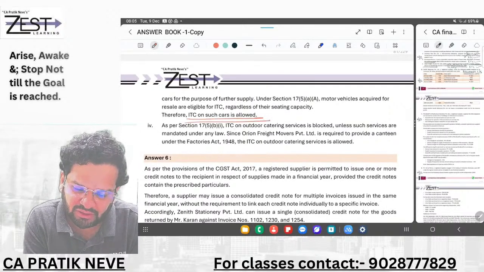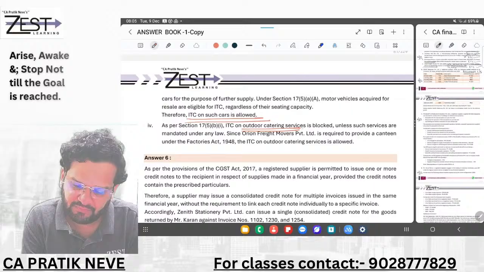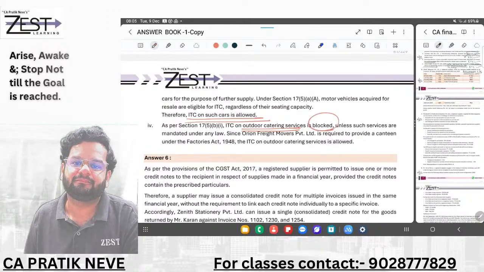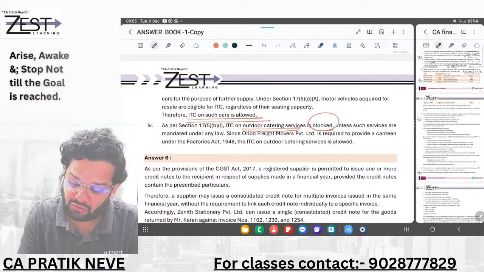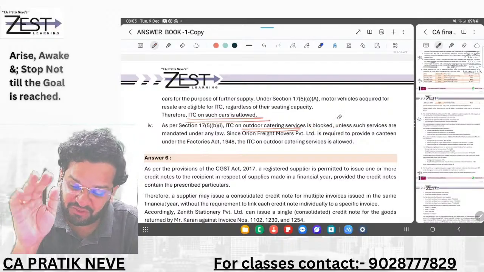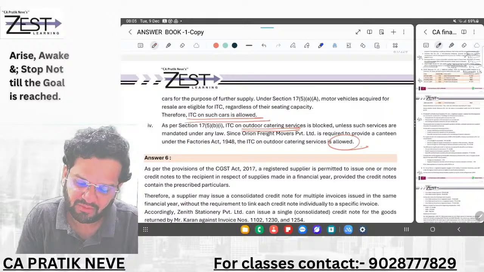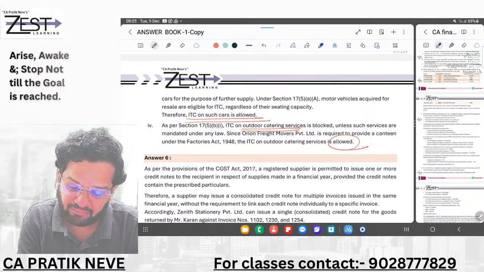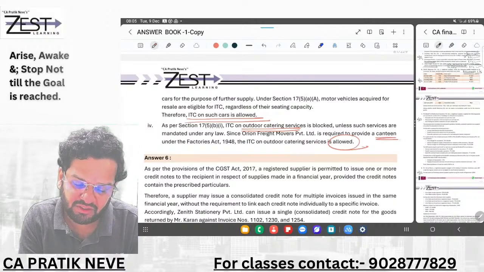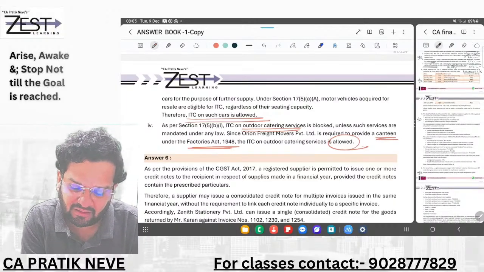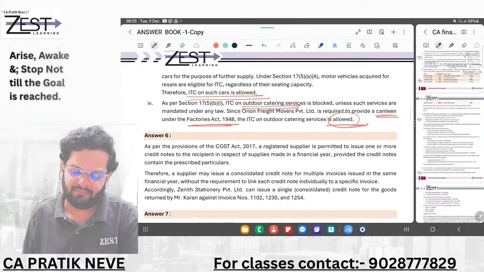And on outdoor catering services, it will usually be blocked, but yes, in our case it will be allowed. Why? Because in our case it is taken for the canteen which is run as per the Factories Act, so it will be allowed.